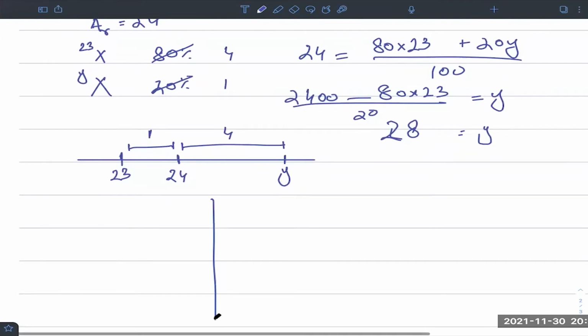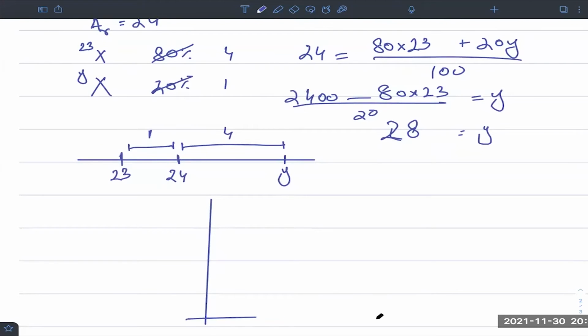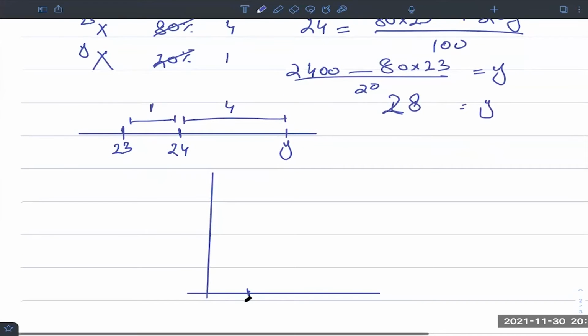You can also make a graph of this, but obviously if they ask you, they will never do that. So the graph will come out to be, at 23, you will have a peak, and that peak will be for 80%. And at 28, you will have a peak, and that will be for 20%. And that is how it goes.